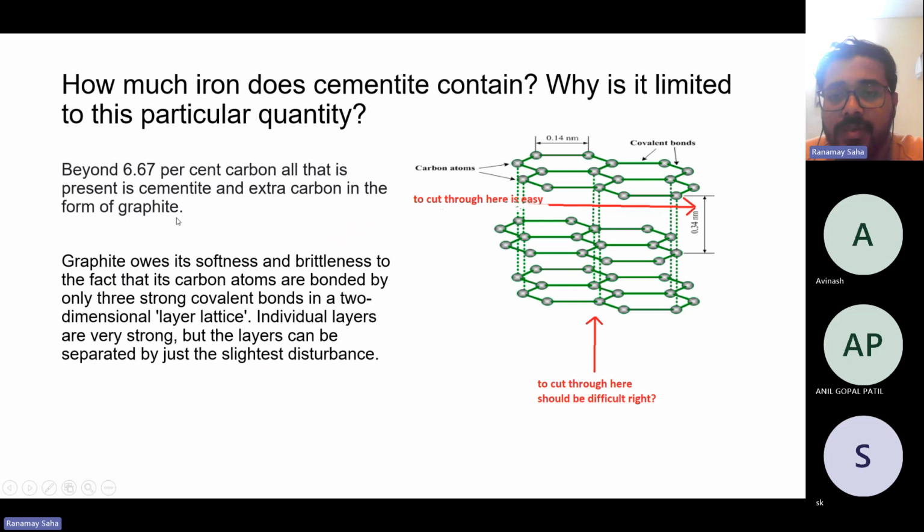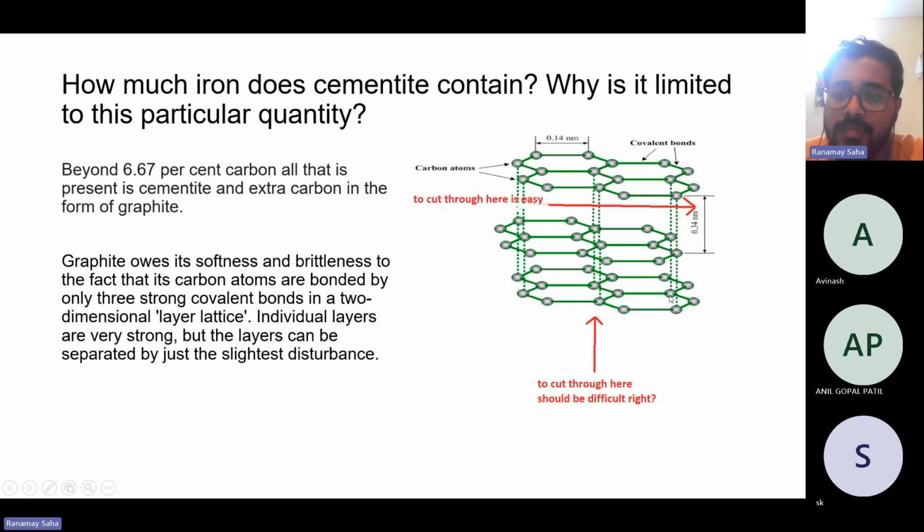So what is graphite? You have seen your pencils, right? In the pencil, whatever material is used for you to write is graphite material. Okay. So you can see here the structure of graphite. It is a layered lattice structure. One particular layer is very strong because of the kind of covalent bonds that they share.